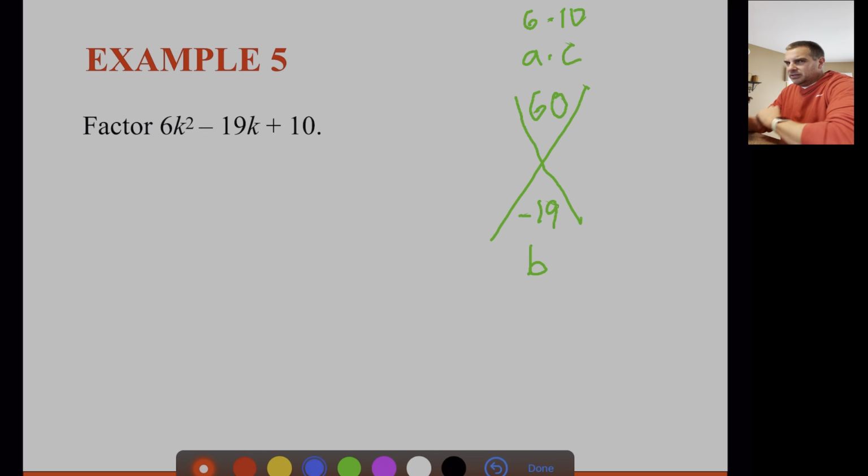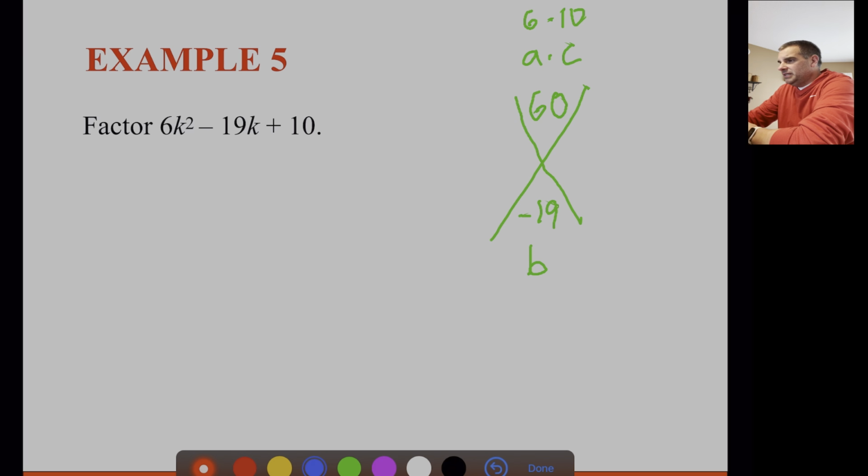Now here's where the trick comes into play. You're still going to have two numbers that multiply together to be 60 and add together to be -19. It's positive and negative, so they both have to be negative.